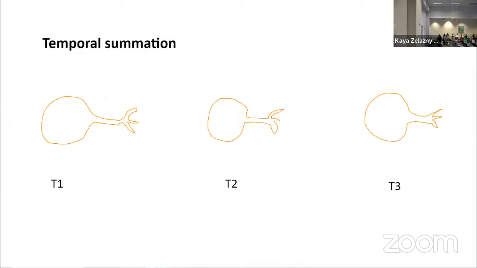When we're thinking about temporal summation, we're thinking about a stimulus that happens multiple times. The same stimulus, just firing once, pausing a beat, then firing again. I'm going to draw a little red arrow for our poke. That's our stimulus. We'll have another poke at time 3.